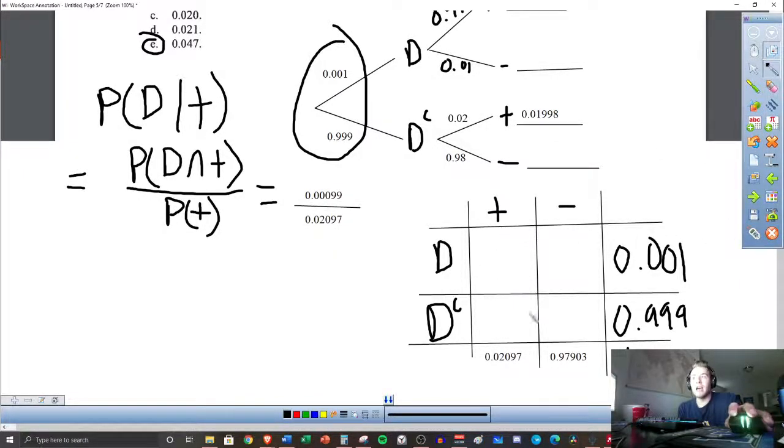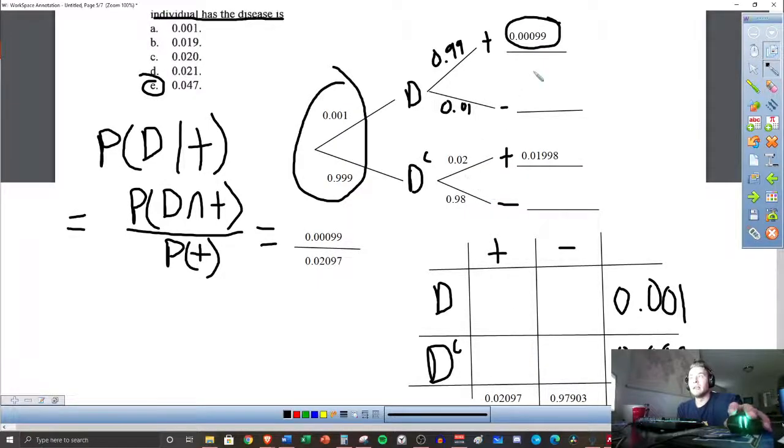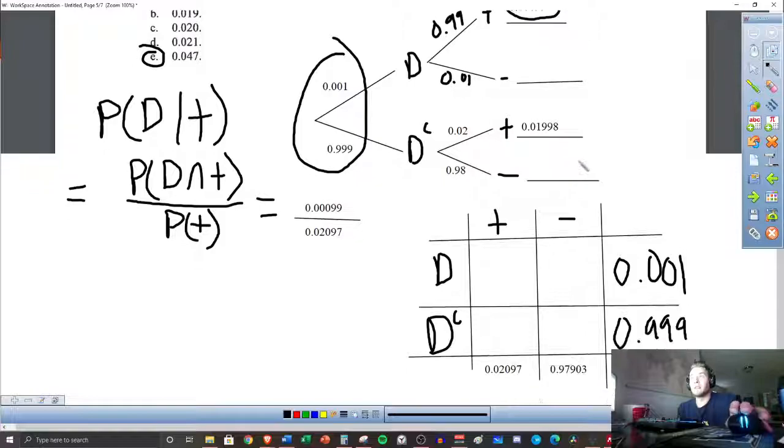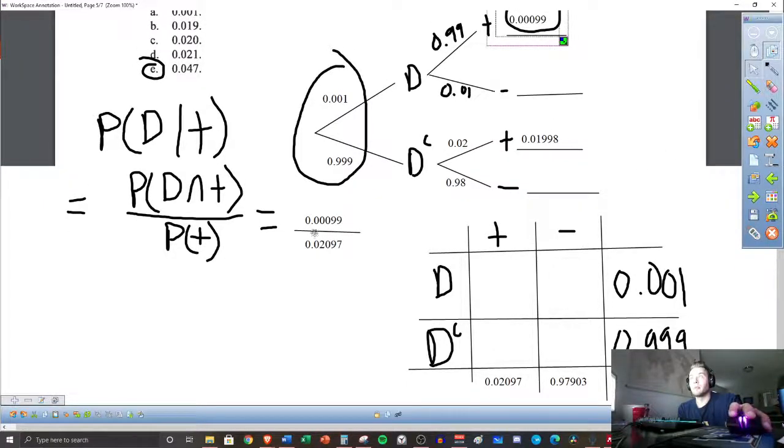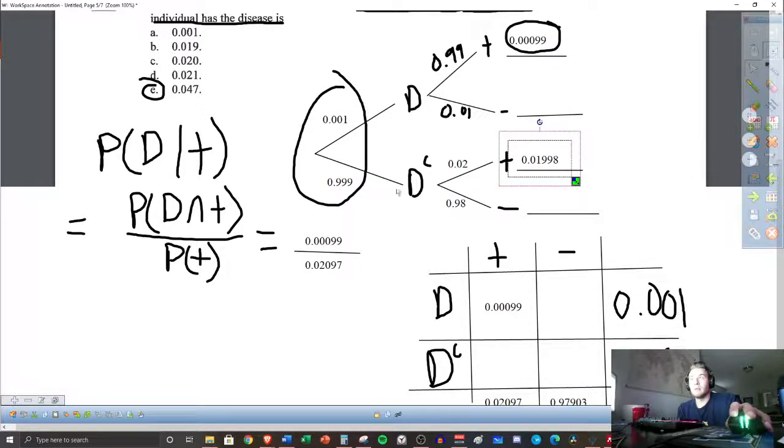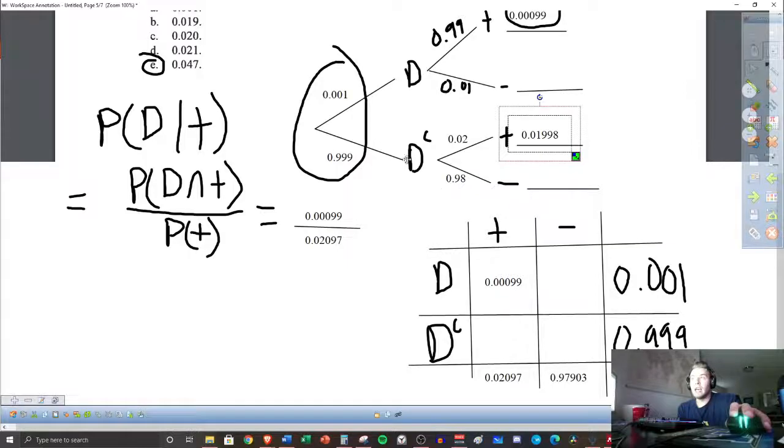Yes, we actually have that. That's going to be this value here, the 0.00099. So let's duplicate that. Okay, so that goes here. And then we have this value as well, which is this one, right? Because this is where they don't have the disease and they test positive. So we duplicate that right there.